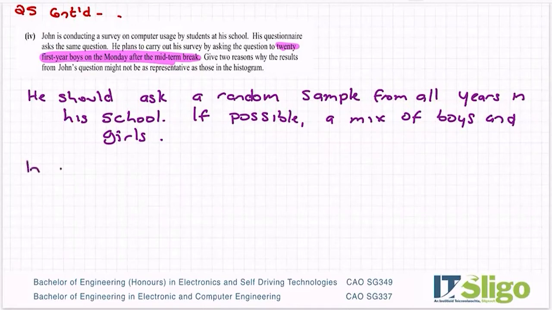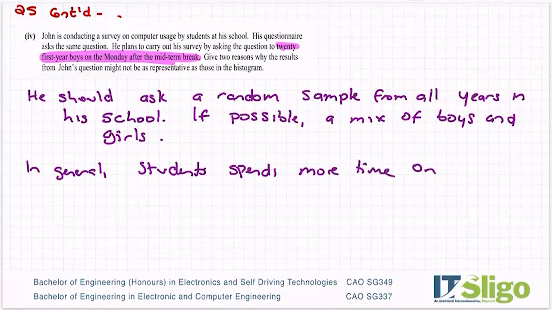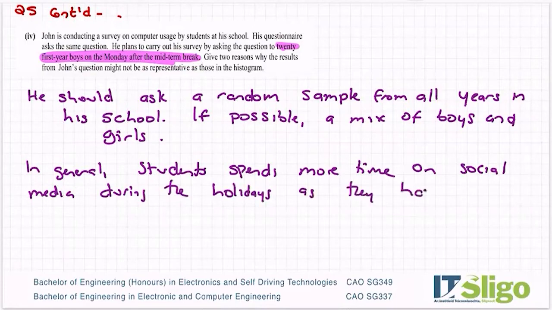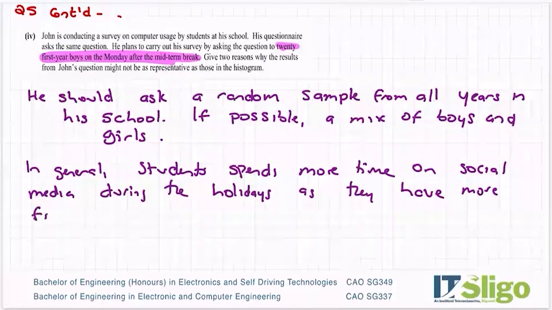So in general, students, and it's not just students, it's everybody, spends more time on social media during the holidays, as they have more free time. Or something to that effect. There's no real right answer and wrong answer. You know, something like that.